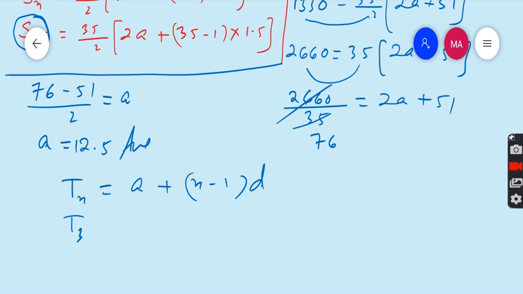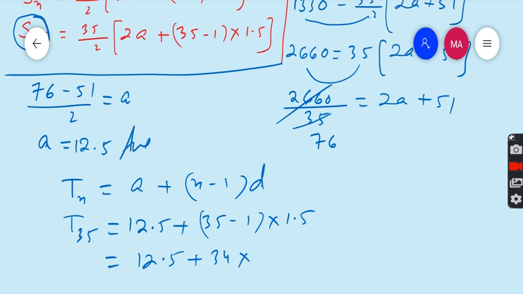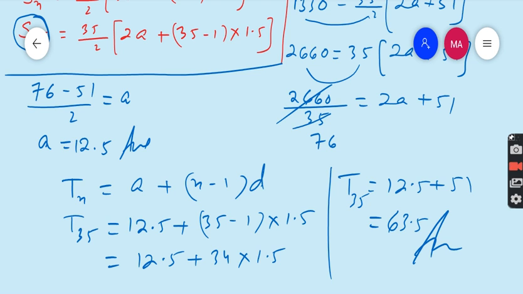So the last term in the sequence is the 35th. T35 is equal to a, 12.5, plus n which is 35 minus 1 into 1.5. This is also given, 12.5 plus 34 into 1.5, 12.5 plus 51 is 63.5. This is our final answer.